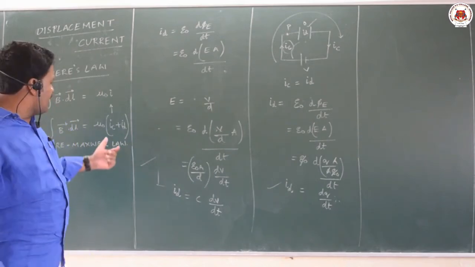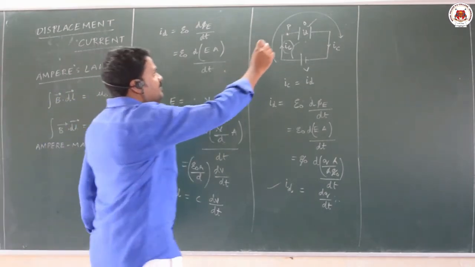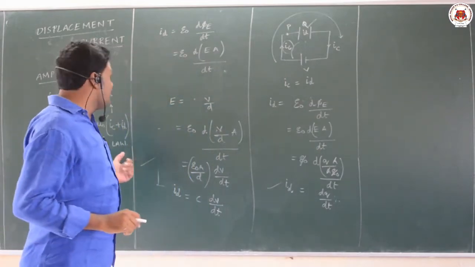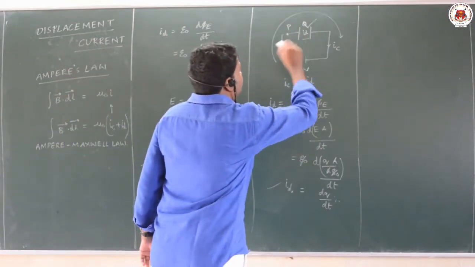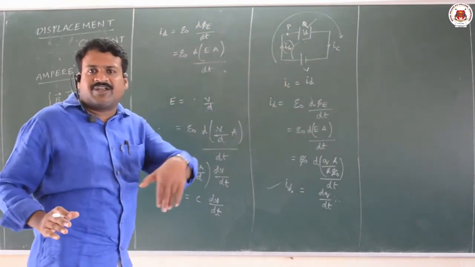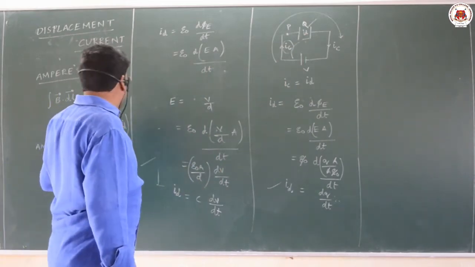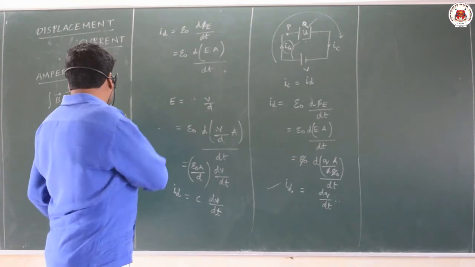So if I apply the Ampere-Maxwell law at P, only conduction current is there, displacement current is 0. And if I apply it at Q, in between the plates of the capacitor, here there is no conduction current. Capacitor can't conduct the current, capacitor blocks the direct current. So here ID is present, IC is 0.